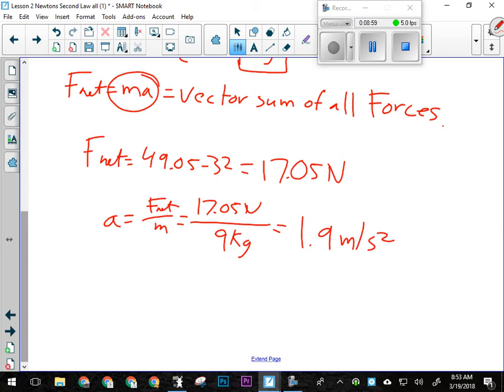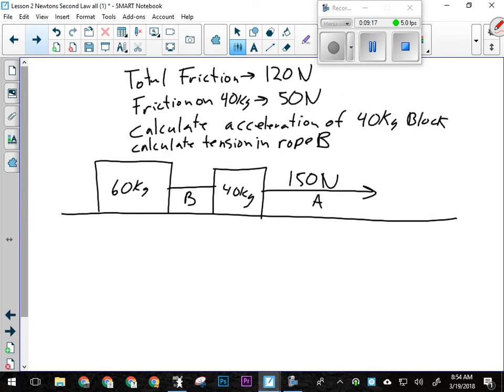But if I can find the acceleration of one part of the system, is that the acceleration of all parts? It is. That's the other thing we have to realize. Is if I can find it for one part, then I can extrapolate that or apply that to everything else in the system. Okay, I want you to think about that when you try this one.